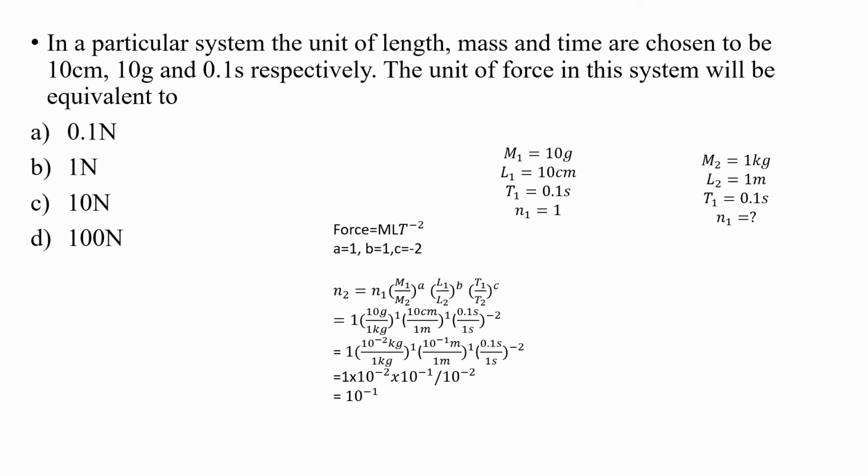Converting the gram, centimeter and seconds into kilogram, meter and seconds, we get the final as 0.1. That is, the unit of force in the given system will be equivalent to 0.1 Newton.